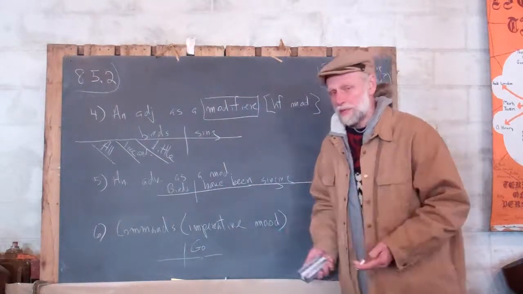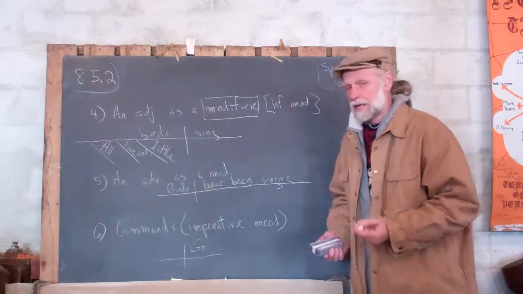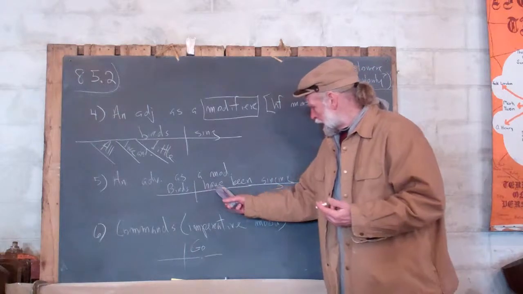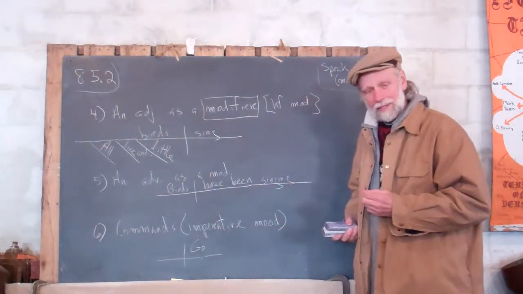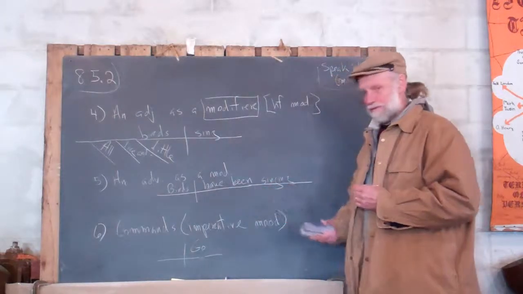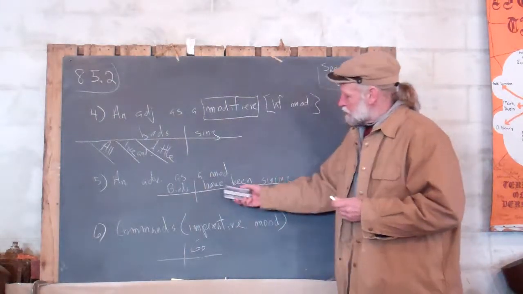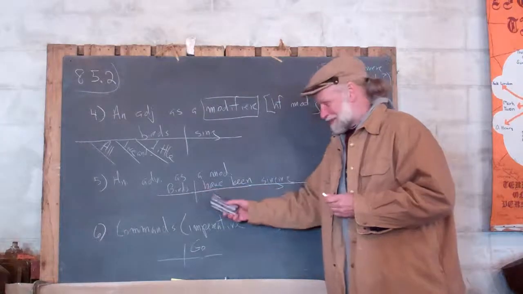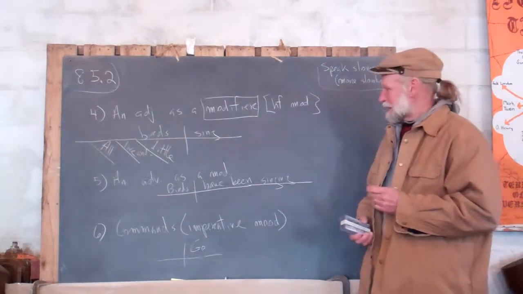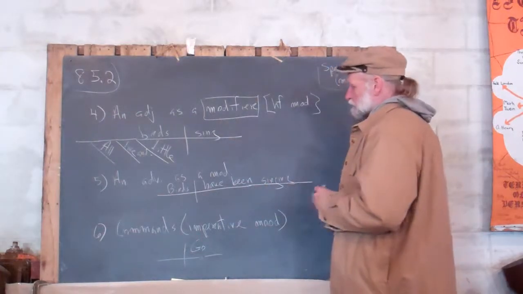This looks like so much fun. They think they understand, but they haven't done their morphology. They may say have modifies singing. No, it doesn't. Or been modifies singing. Or have modifies been. No. This is a verb phrase. These are helping verbs, and they have to be recognized. Birds have been singing sweetly.